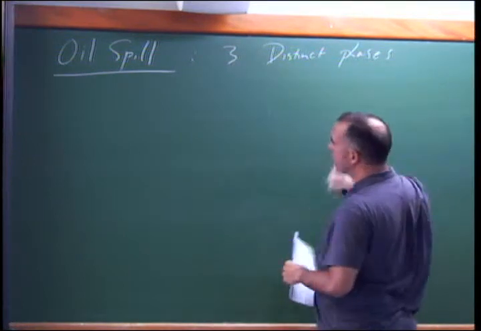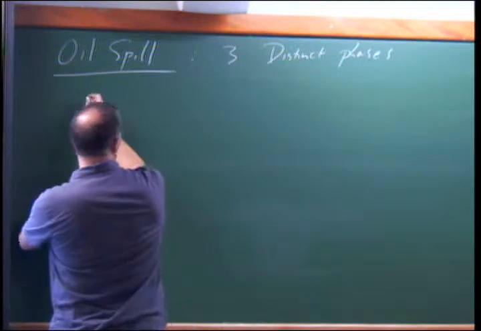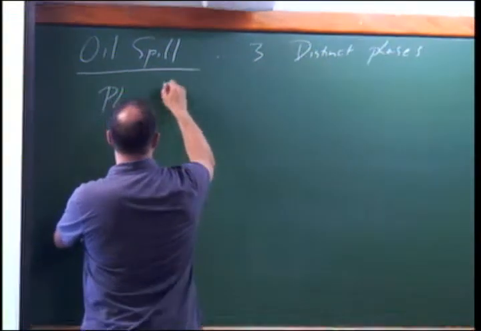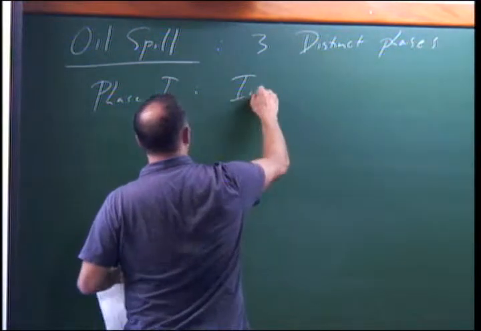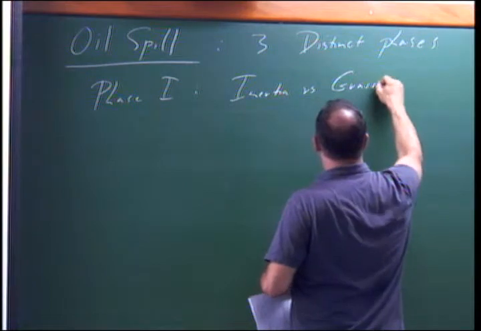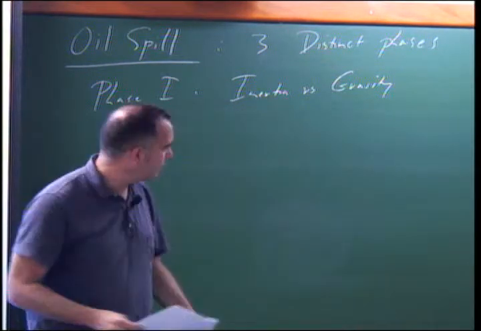Okay, so last time we did some general scaling for gravity currents, which we'll be able to use here. So the first phase is inertia versus gravity. So again, if it's a large volume of fluid, its spreading is going to be resisted basically by its own inertia.